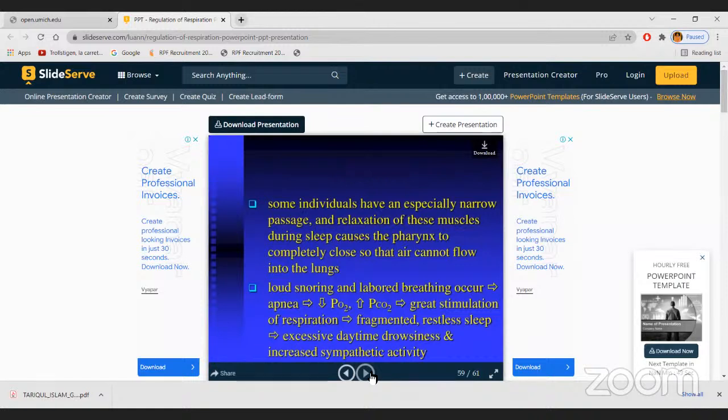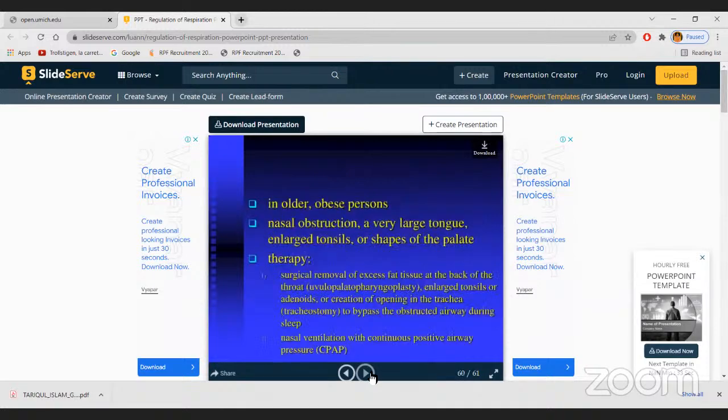Apnea decreases the pressure of oxygen and increases the pressure of carbon dioxide, giving great stimulation of respiration, fragmented restless sleep, daytime drowsiness, and increased sympathetic activities. In older obese persons, nasal obstruction, a very large tongue, and enlarged tonsils are causes. Therapy includes surgical removal of the excess fat tissue in the back of the throat.